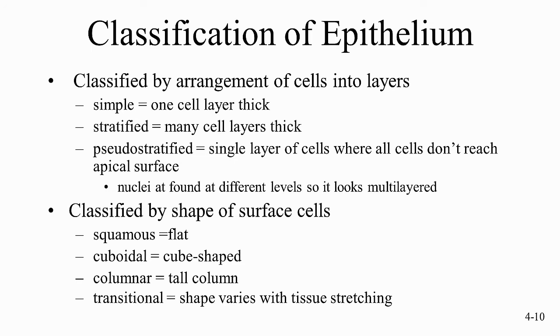But in pseudostratified, we have nuclei all at different levels, so it looks like cells are stacked up on each other, but in reality, they are all touching the basement membrane. They're all attached to the basement membrane. They're not stacked on anything. Not all of the cells are going to reach the surface, but they are all attached to the basement membrane.